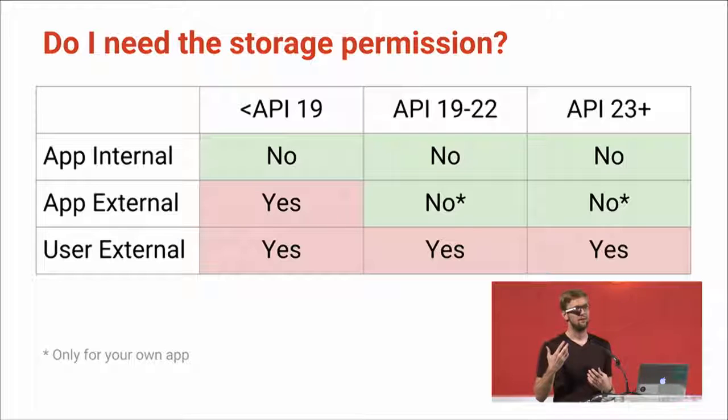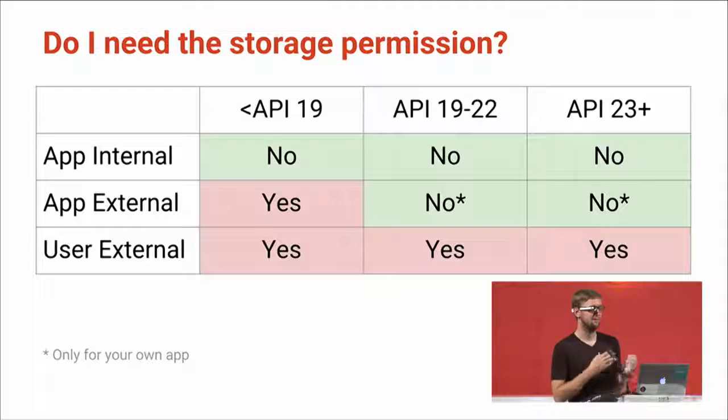Now, the app-specific external storage has changed. In KitKat, we actually removed the need to use the storage permissions to read and write those directories. So if you were targeting pre-KitKat, you actually needed those permissions, even though they were app-specific directories. And we've lifted that restriction as of KitKat, so now you no longer need that.